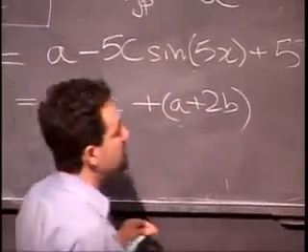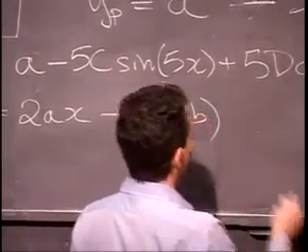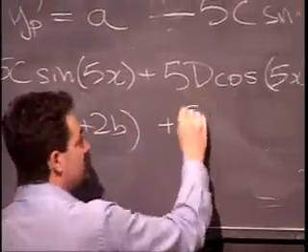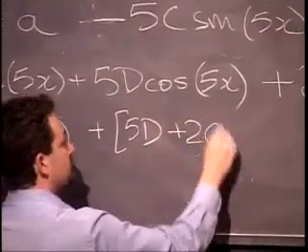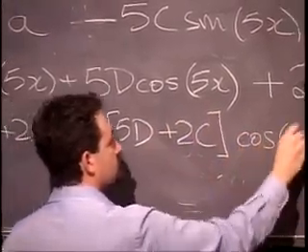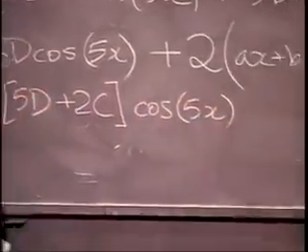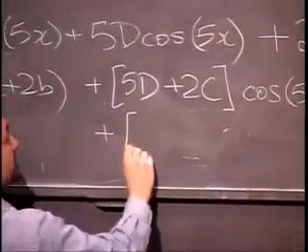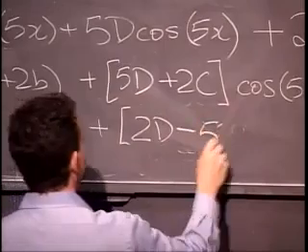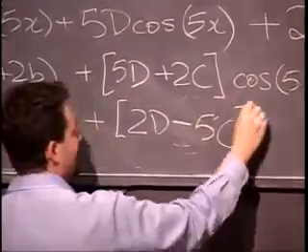The sine term, well, let's do the cosine term first. It's 5d plus 2c from there. And the sine term is, well, we have a 2d from over there, minus 5c from over here.